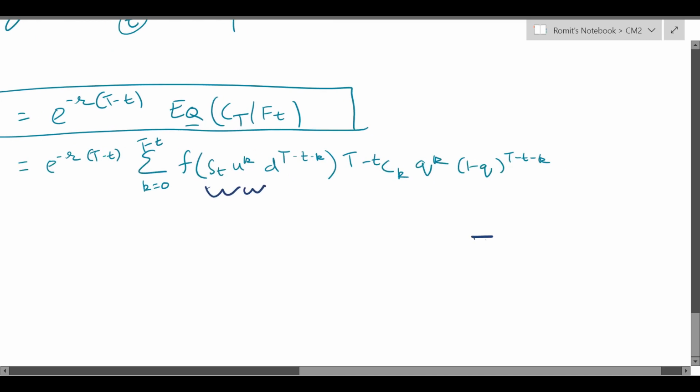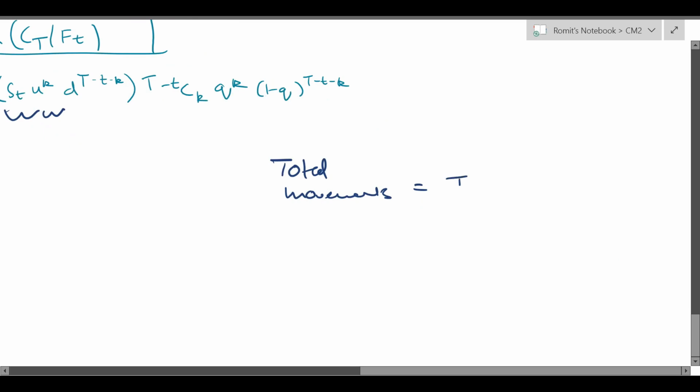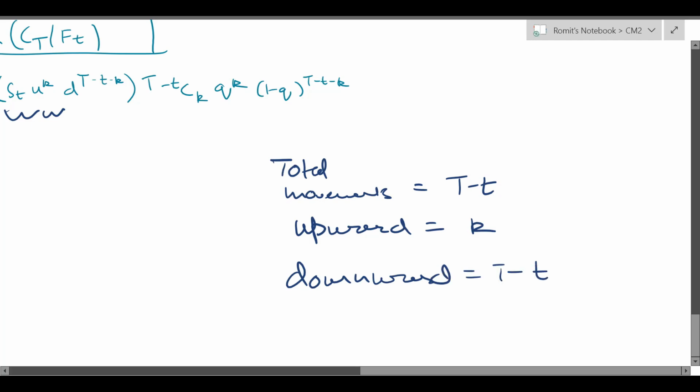So I am saying total movements is equal to capital T minus small t, upward is equal to k, and downward is equal to T minus t minus k.